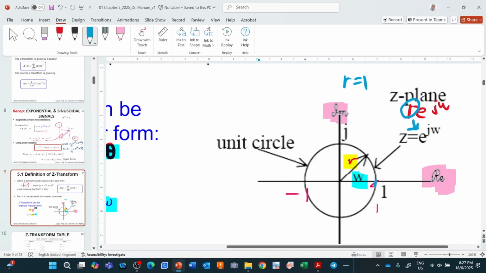And for stability, to check if the system is stable or not, we are going to see whether your system's Z will converge with the unit circle or not. That one I will explain in the next slide.